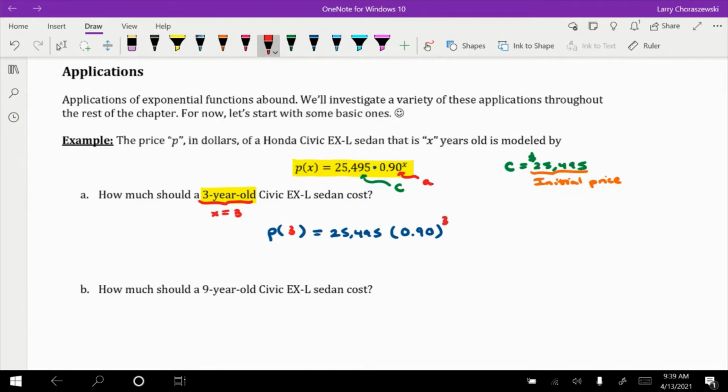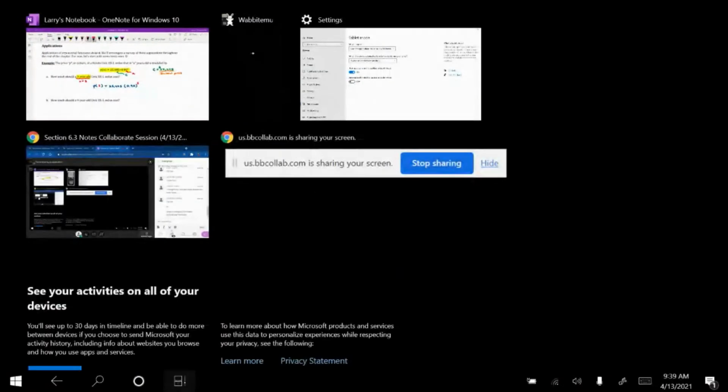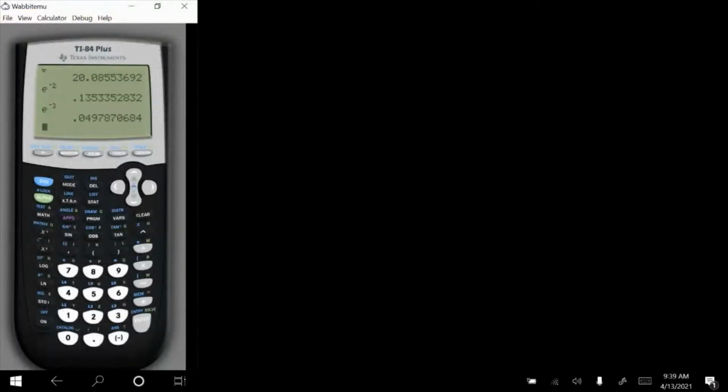Now let's go to our calculators. We'll type in 25,495, and then type in the parentheses 0.90. Let's close them off. To put a power of 3 on it, we'll hit the caret key, press 3, and let the calculator do its magic.